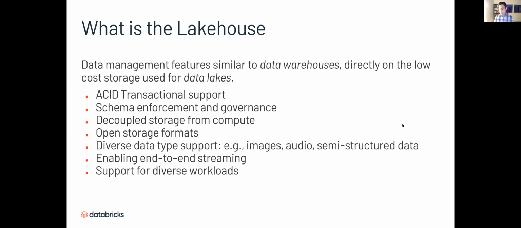Same with schema enforcement. You can specify guarantees, and if data that comes in doesn't comply, it'll be put aside in a temporary location, and you'll be warned that you received some data that doesn't comply.